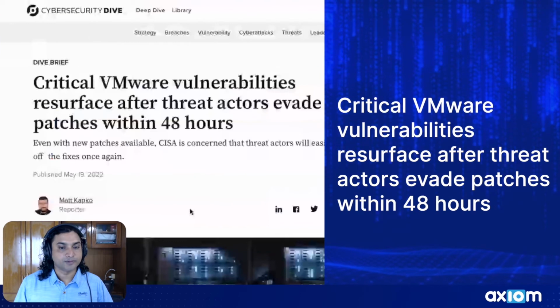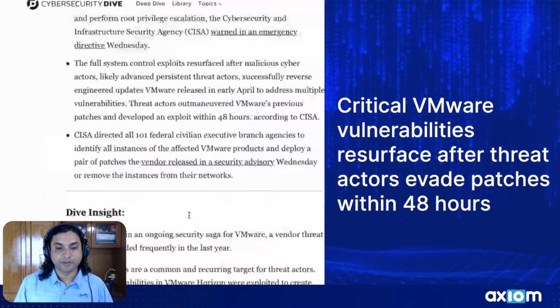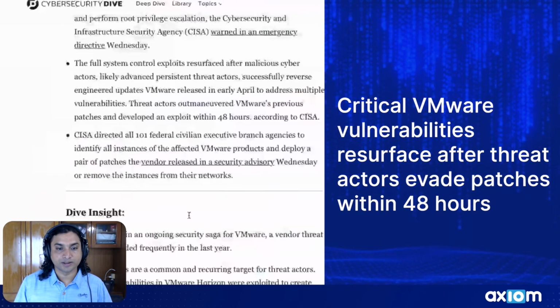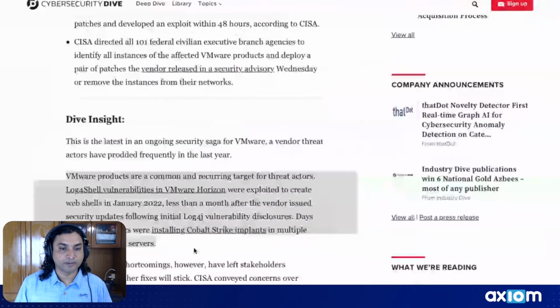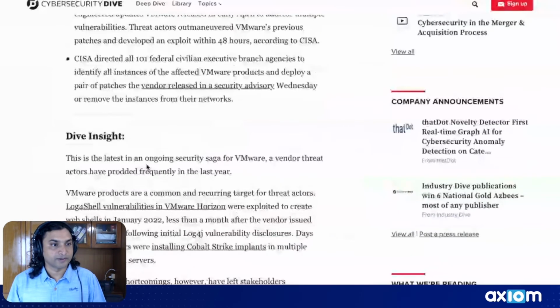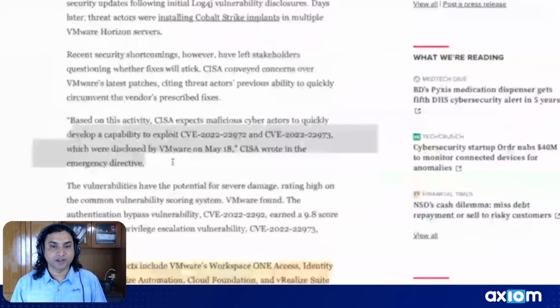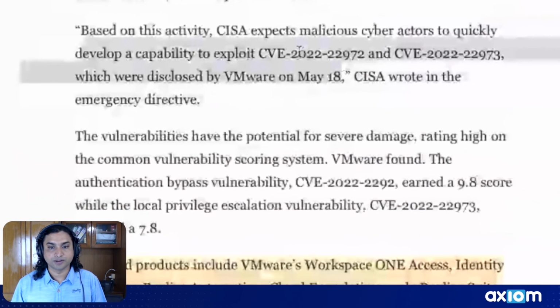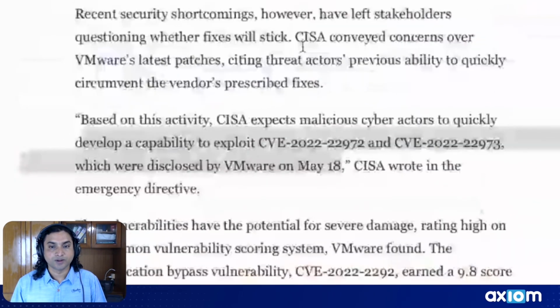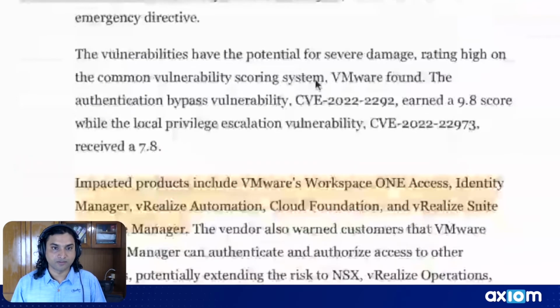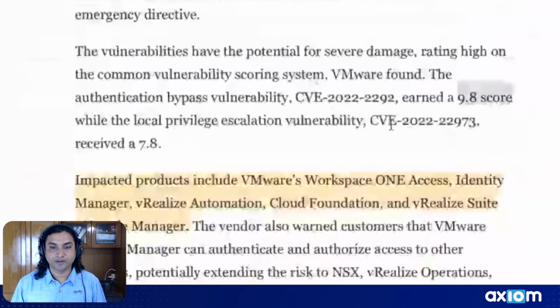Recently we have observed that there are Log4j and Log4Shell vulnerabilities that came in VMware products, especially Java Spring frameworks. There is also a new vulnerability that came up, and CISA thinks these vulnerabilities could lead to even bigger attacks like Log4j and Log4Shell. There isn't much information around it. The vulnerabilities are logged.